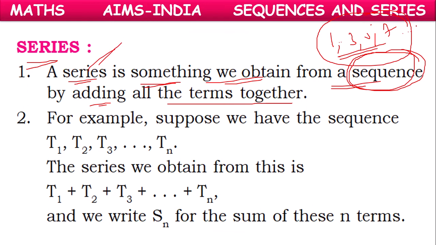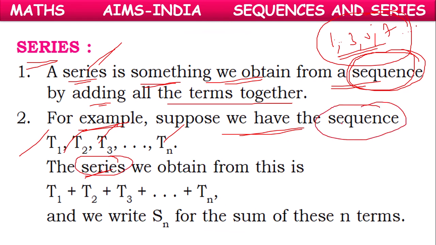So normally the terms in the sequence are represented by T1, T2, T3, Tn. For example, suppose we have the sequence T1, T2, T3 and so on up to Tn. Then the series obtained from this sequence is the sum of all the terms. We have to add all the terms together: T1 plus T2 plus T3 and so on up to Tn.